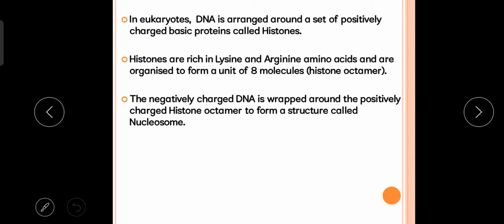In eukaryotic cells, or eukaryotes, the DNA is arranged around a set of positively charged proteins called histone proteins. DNA is too long, about 2 meters per cell, so it must be present in a compact, coiled structure.